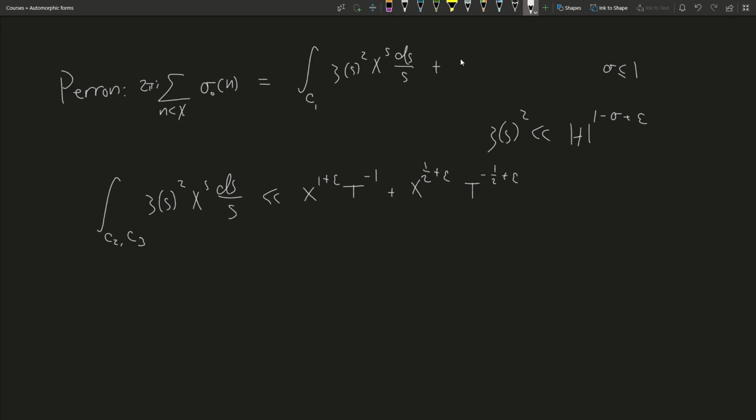Sorry, I forgot the error term here. The error term here, of course, is x to the 1 plus epsilon t to the minus 1.